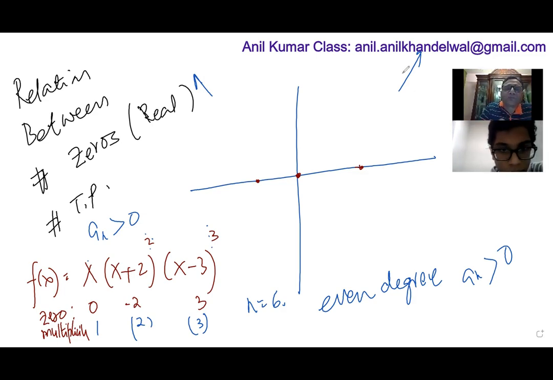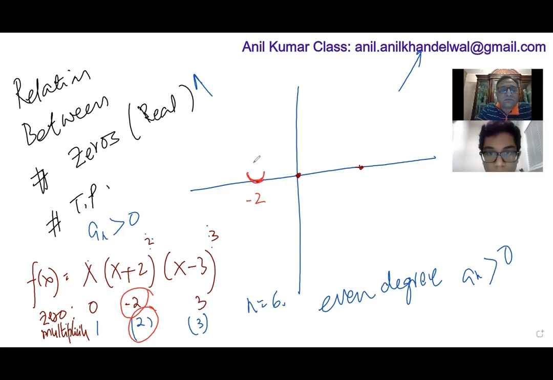Now look here. This zero at minus 2 is of order 2, right? Means when you hit the curve, it will turn because it's like a parabola. Order 2. The zero at 0 is linear. So to reach that zero, I have to turn in between, right? But when I hit, I have to go like a straight line. It's a linear zero.